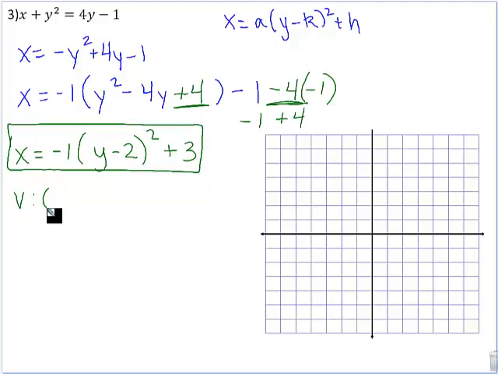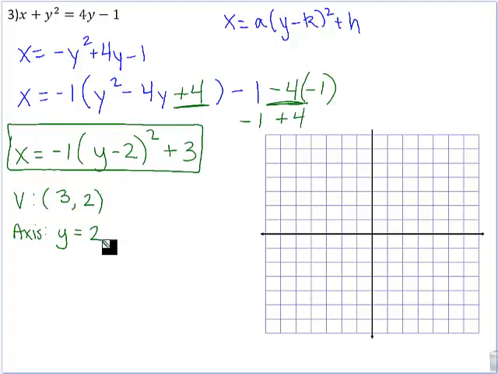So what will be the vertex for this one? The vertex will be 3, 2. Our axis will be y equals k. So what will our y equal here for our axis of symmetry? Yep, y equals 2.